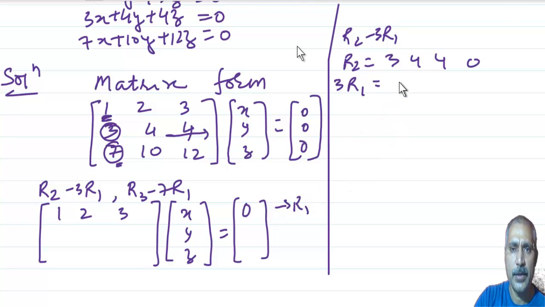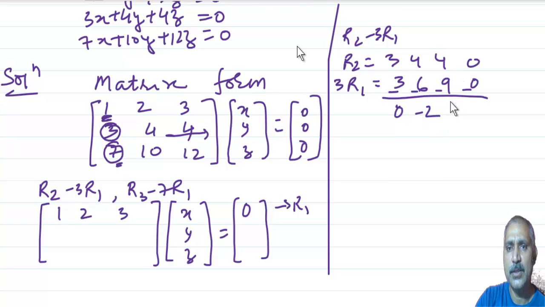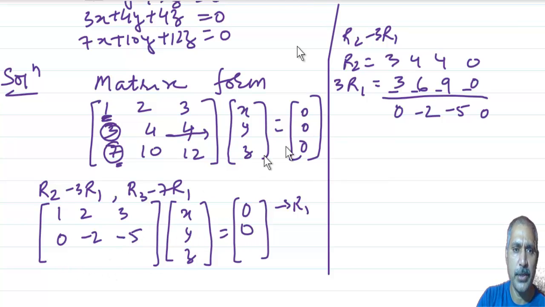So it is going to be 1 3s are 3, 2 3s are 6, 3 3s are 9, and 0 into 3 is 0. We'll be subtracting this, so the sign will change. 3 minus 3 is 0, 4 minus 6 is minus 2, and 4 minus 9 is minus 5, and 0. We'll write that here: 0, minus 2, minus 5, and 0. Now we come to the next operation, that is R3 minus 7 times R1.